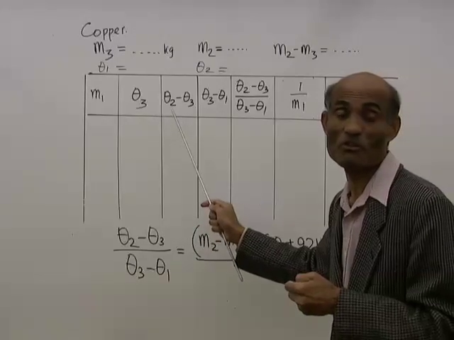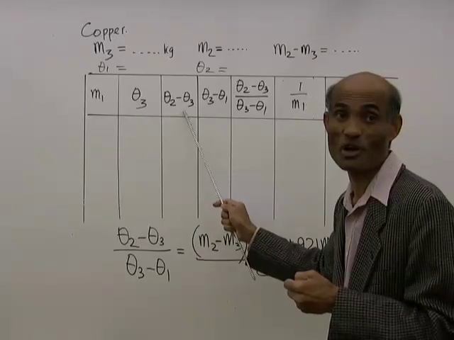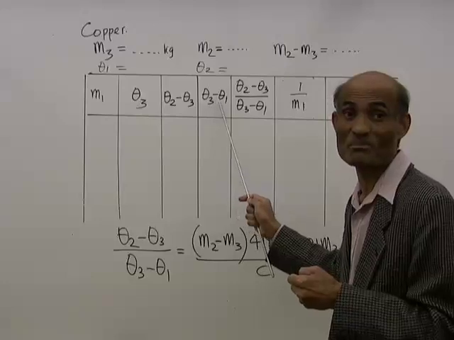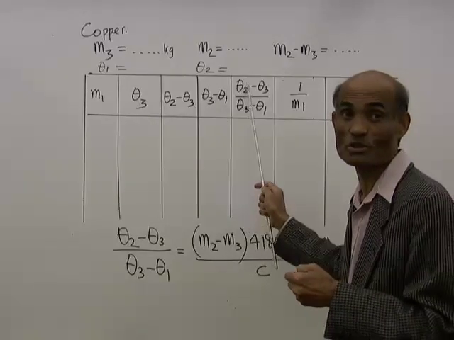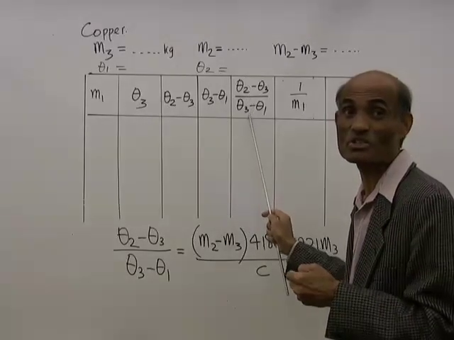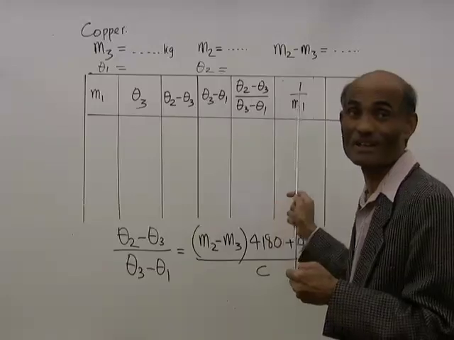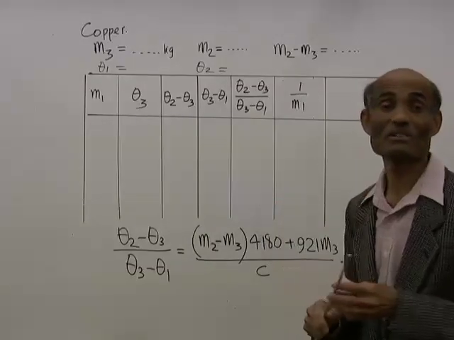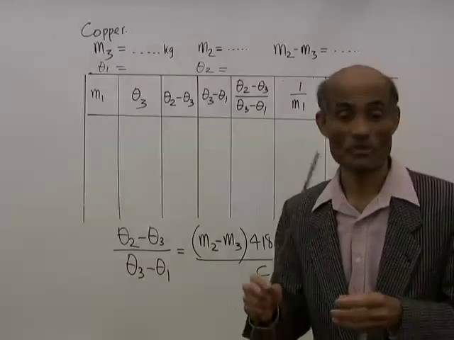Then obtain the fall in temperature of the solid, the rise in temperature of calorimeter and water, and calculate the ratio of that temperature. Then calculate the reciprocal of the mass.